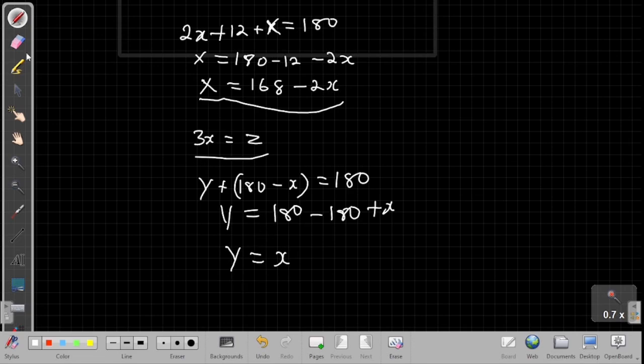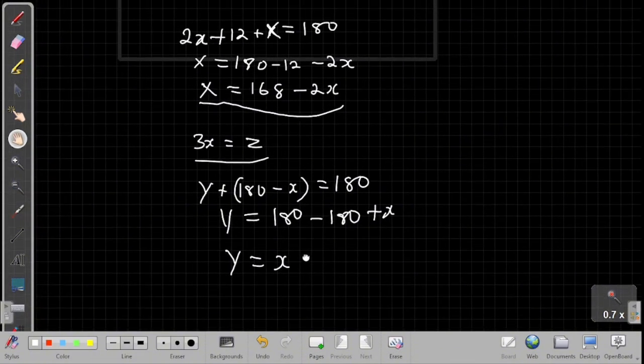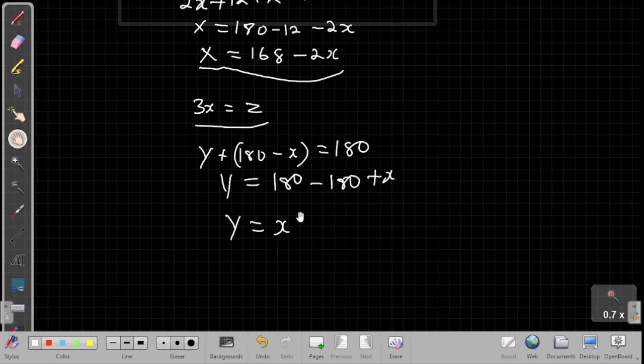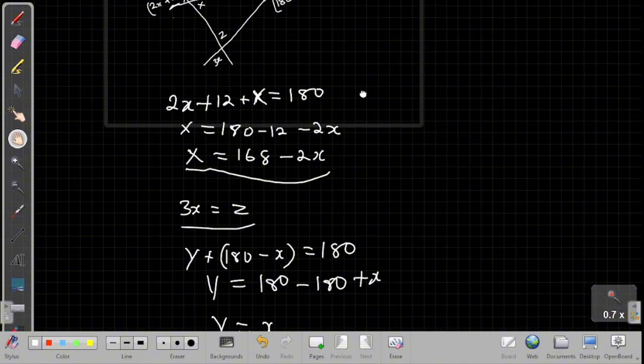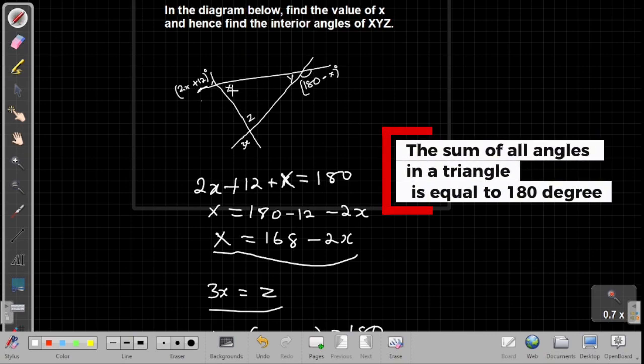So the next thing we are going to be doing is that we will have to add all the answers we get, because all the answers will be equal to 180. So all the answers will give us this interior angle. Now what we are trying to do is the sum of all angles in a triangle.